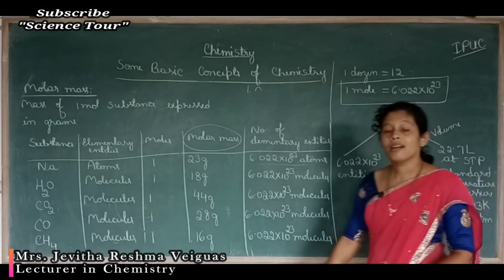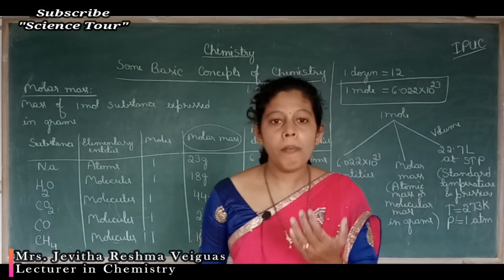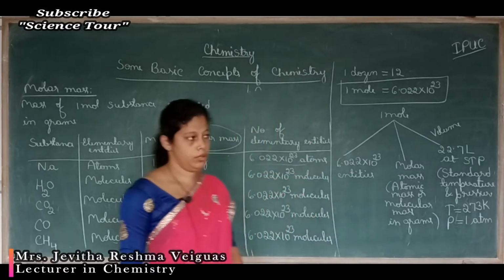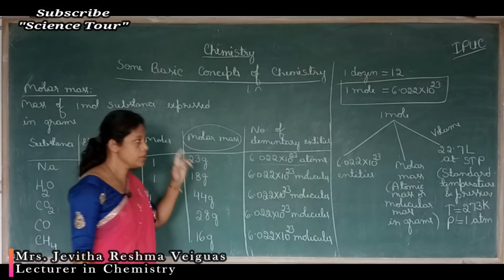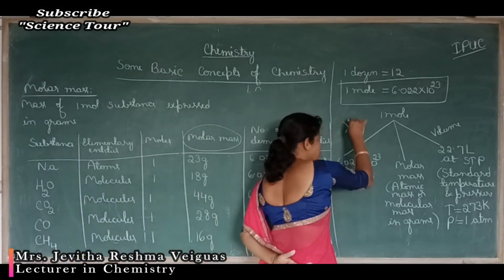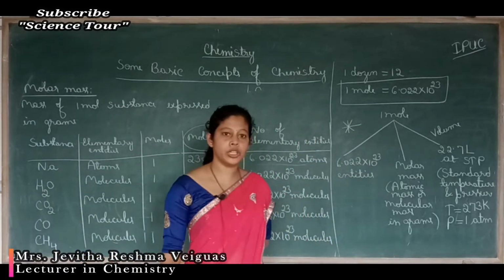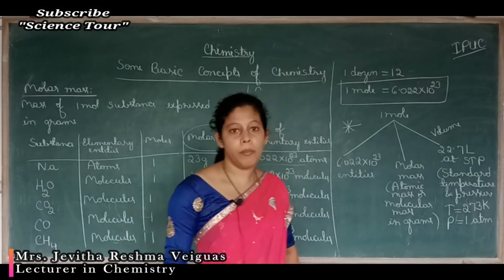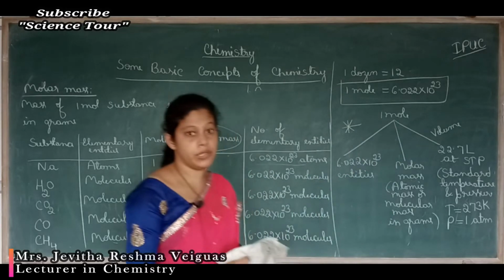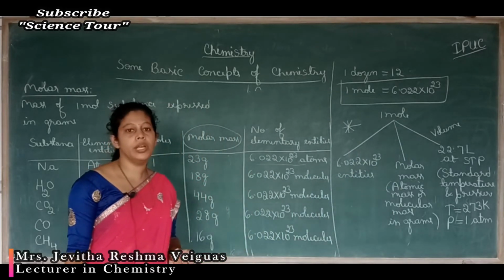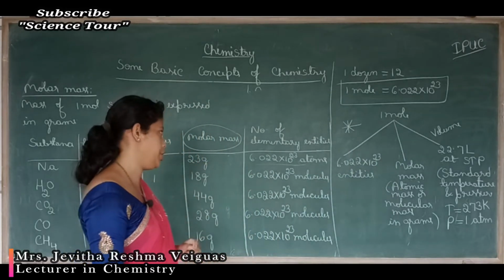So this is a relationship between mole, mass and volume. So this is all about the mole concept. Very important is to remember the relation between mole, mass, number of entities and volume. Next, let us continue with stoichiometry and stoichiometric calculations.